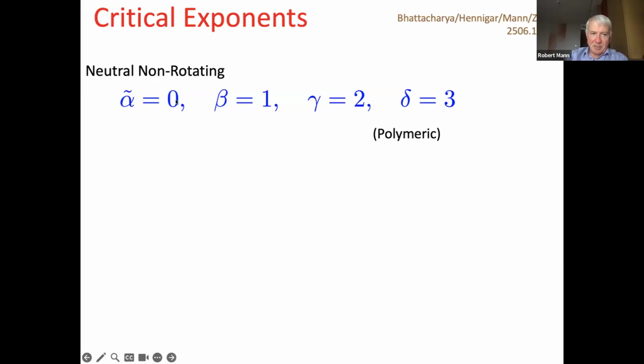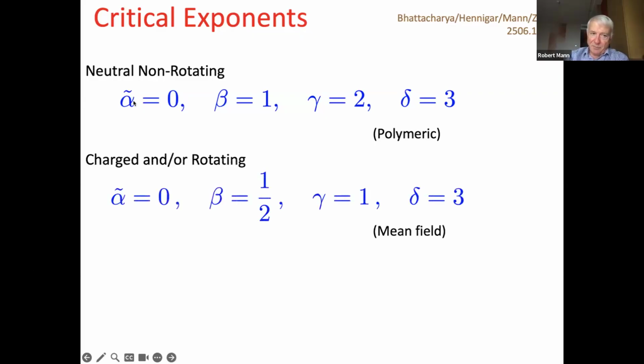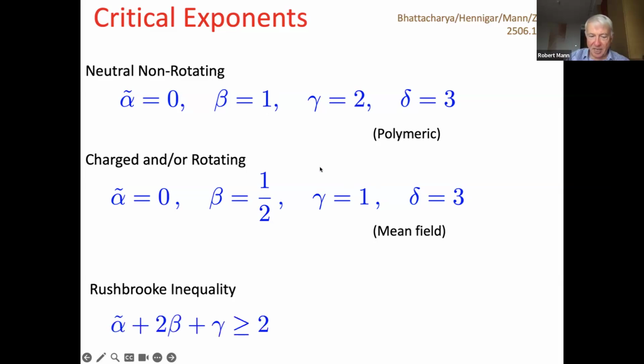So the specific heat will go like T minus T critical to the zero, for example, when alpha is zero. Now, once you add charge and or rotation, you get these exponents, which are the critical exponents that most black holes have. And beta is a half instead of 1, and gamma is 1 instead of 2. Alpha and delta are the same.